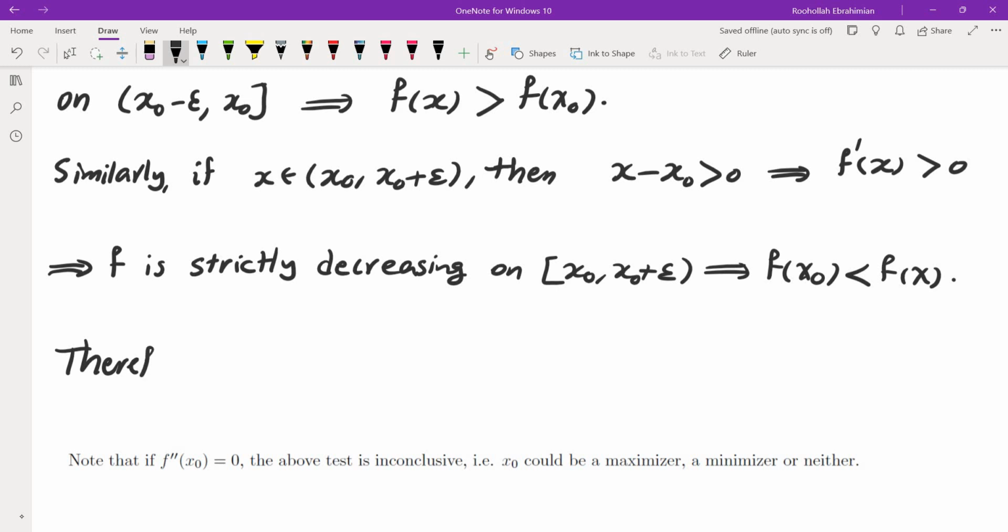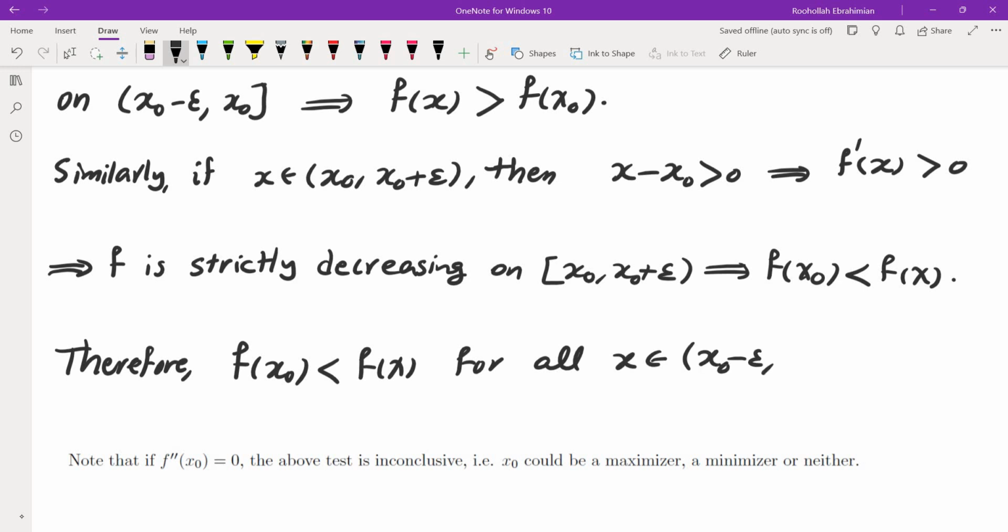Therefore, f of x0 is less than f of x for all x inside the interval x0 minus epsilon, x0 plus epsilon, except for x0 itself, where f of x0 is equal to f of x. And that's just one final sentence, and then we're done.